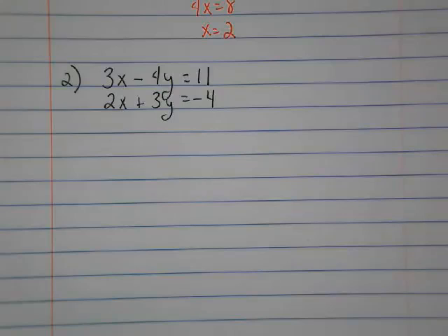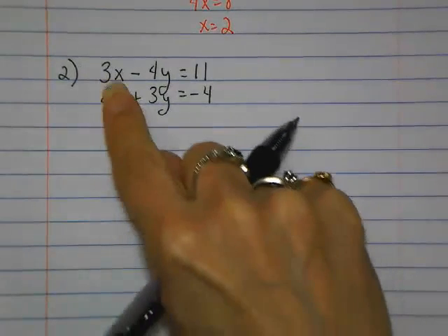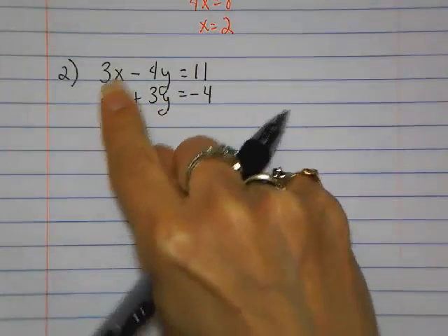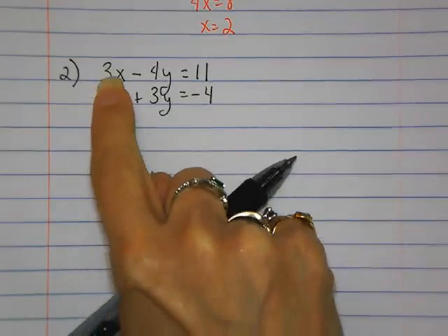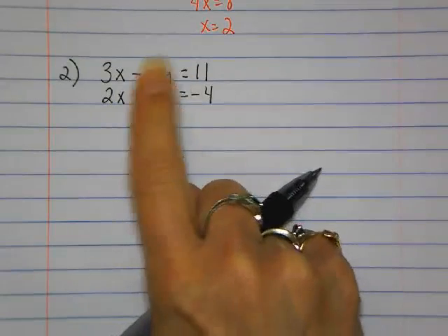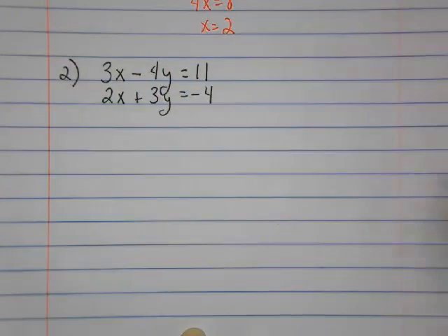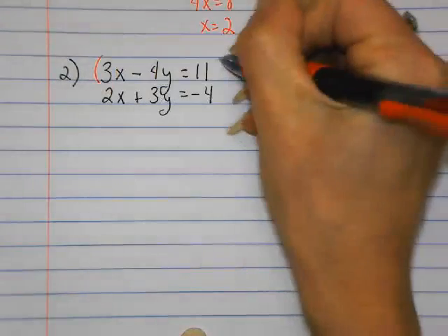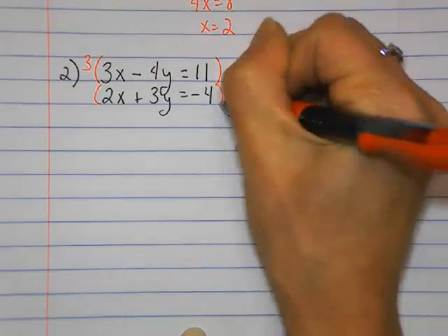Now when you look at this one, no matter which variable I choose to eliminate, I'm going to have to multiply both equations by something. So I can either change this to a 6 or change that to a 12. I'm going to go ahead and eliminate y's this time because I already have one negative and one positive. So I'm going to multiply that top equation by 3 and my second equation by 4.